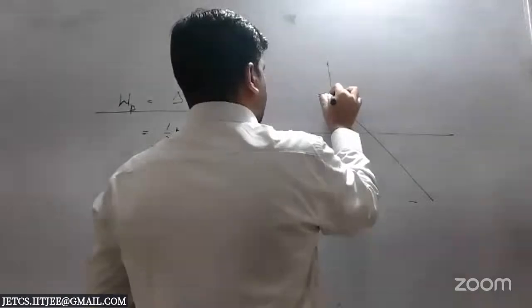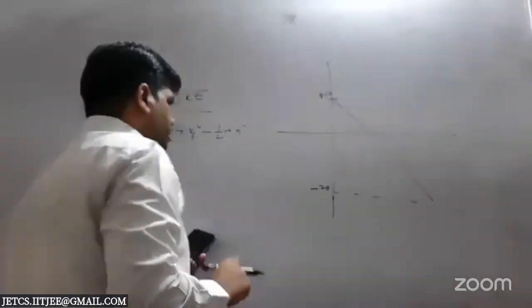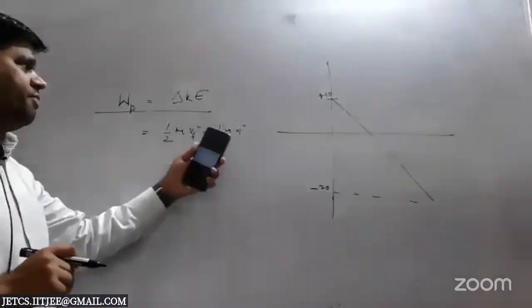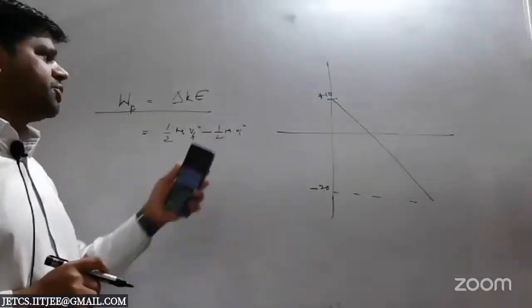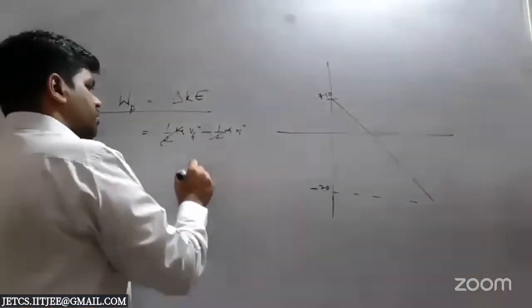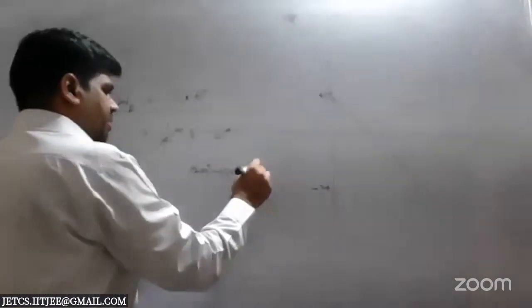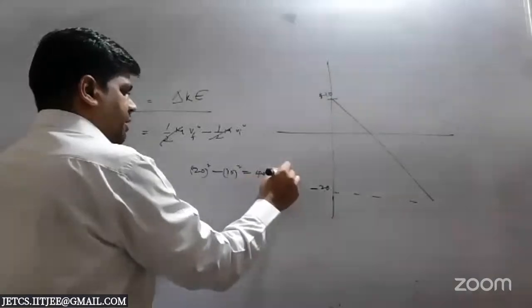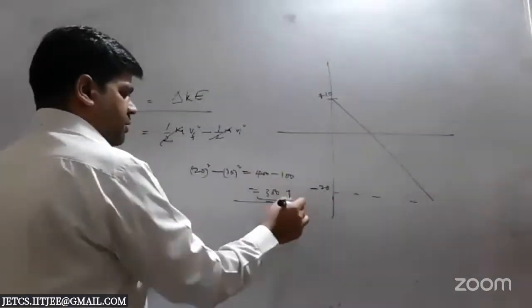This is plus 10. So speed over here is 20. Speed over here is 10. So v final speed is 20 and v initial speed is 10. So half m 20 square minus half m 10 square. m is equal to 2 kg, so half and m get cancelled out. So 20 square minus 10 square, which is 400 minus 100, which is equal to 300 joules.